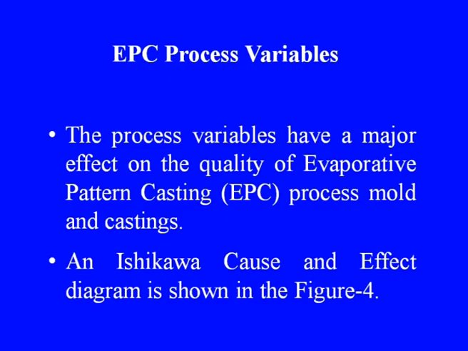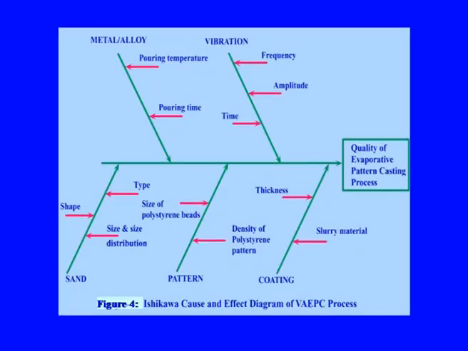Now, let us look into the process variables involved in the evaporative pattern casting process. The process variables have a major effect on the quality of evaporative pattern casting process, mold and castings. An Ishikawa cause and effect diagram is shown in the figure 4.